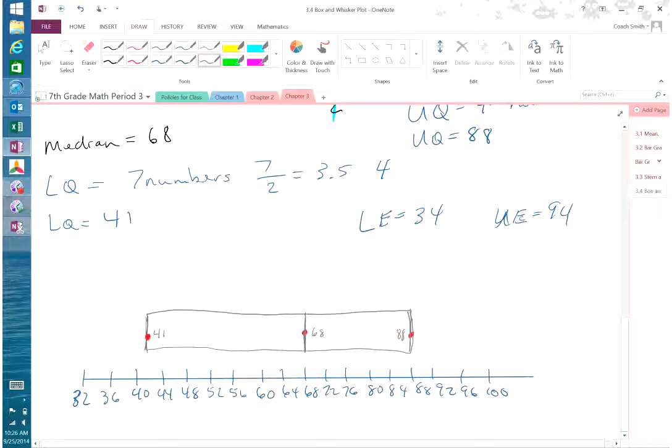The last part is to graph my lower extreme and upper extreme. So 34 would be right about there, and 94 would be right about there. And I'm going to go ahead and label those as well. Okay, and that's your box and whisker plot.